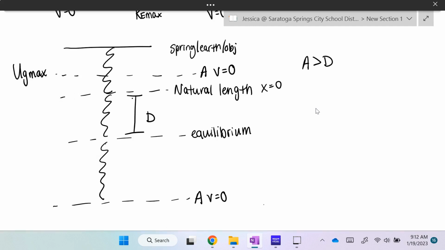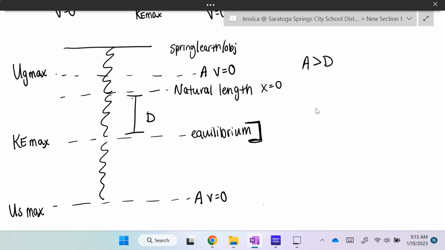So since that upper a is the tallest point, that's where I'm going to have maximum UG. My kinetic energy max is at that equilibrium position as I'm passing through, kind of the middle point. And then where my spring is stretched the largest, right at the bottom, that's where I have maximum spring potential.